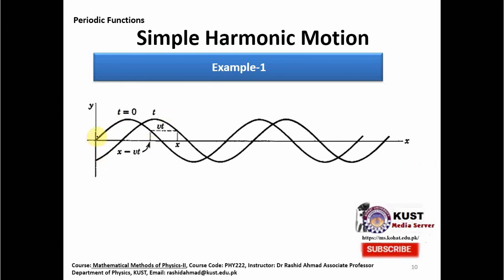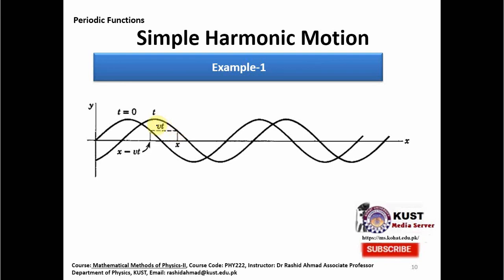So at t equal to 0, this is the shape of the wave, and when time has passed and we have time t, the shape has changed. But the interesting point is that at this horizontal position we have the value of y, and after some time this same point has moved over here and gained the same position.